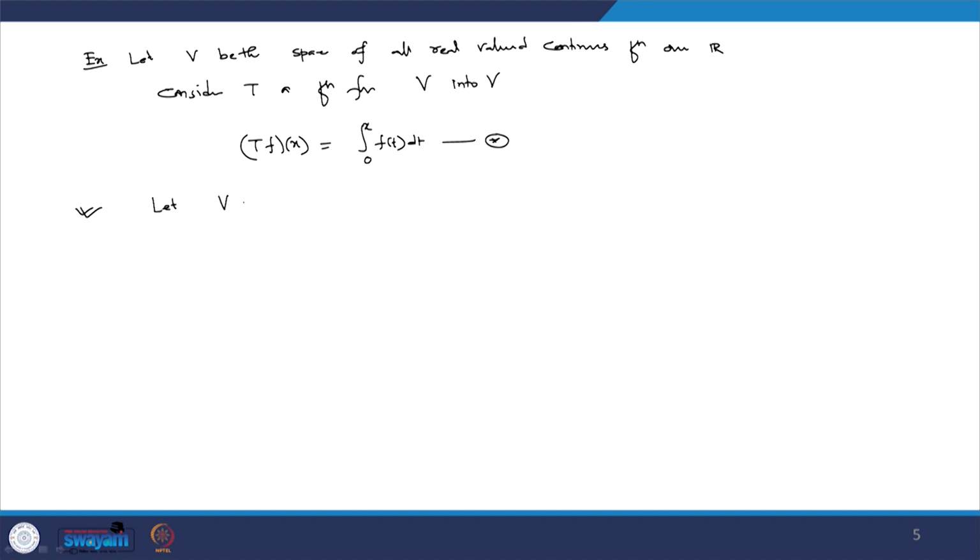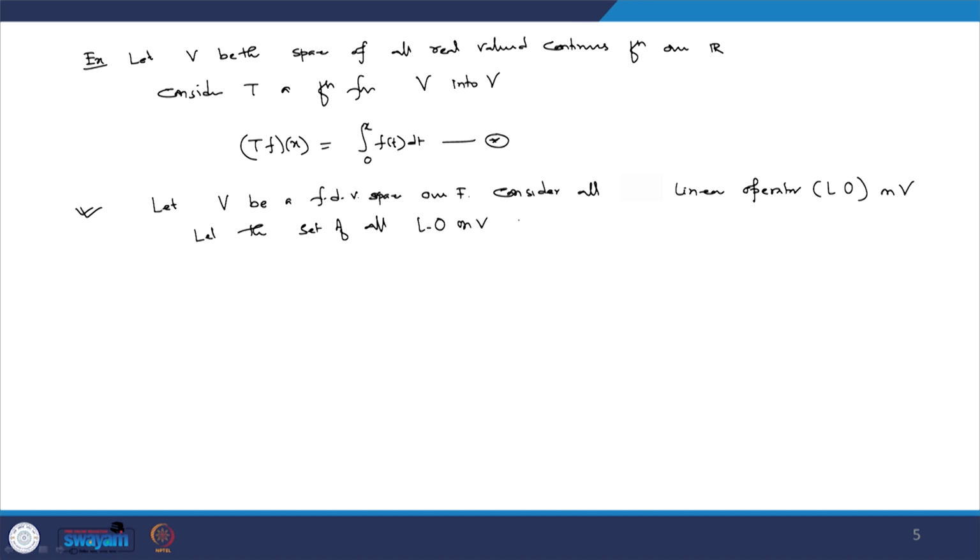Let V be a finite dimensional vector space over the field F. Consider all linear operators on V. Let the set of all linear operators on V be denoted by L(V,V).